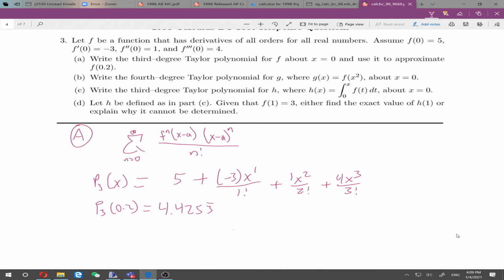Alright, going back to Eric for part B. So I've got a fourth degree polynomial approximation of g of x. What's going to happen here?